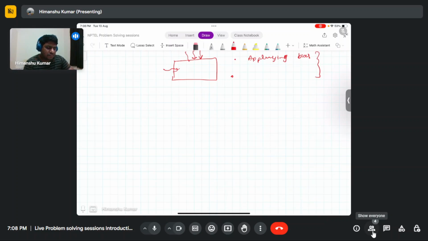Then, when you apply a bias, how is the semiconductor different from the metal? In a metal, the number of free carriers is so large that you can write the current very accurately just by considering free electrons or free charge particles.